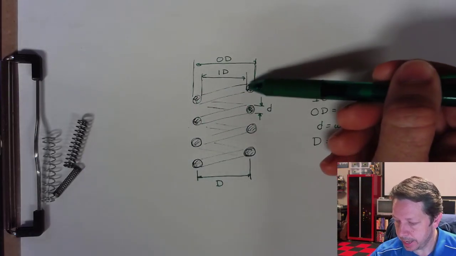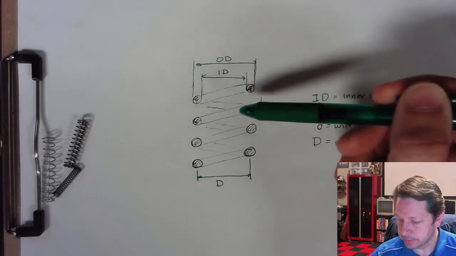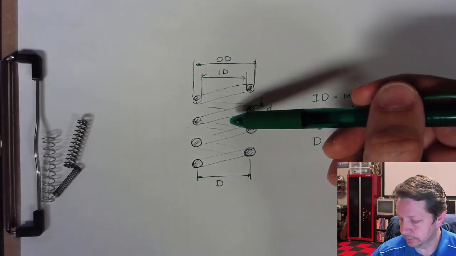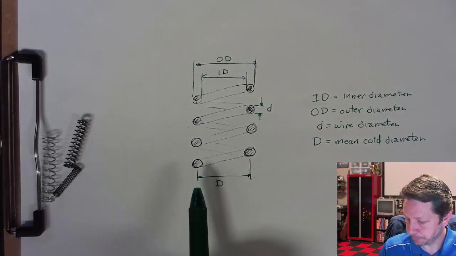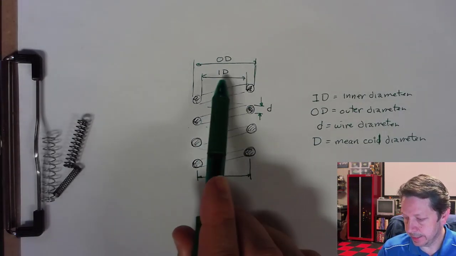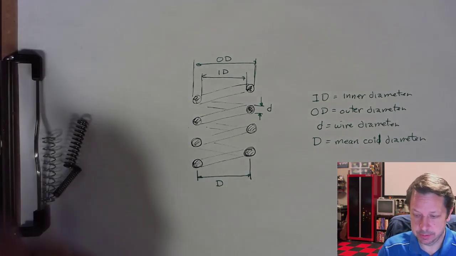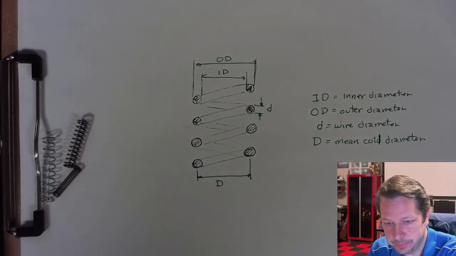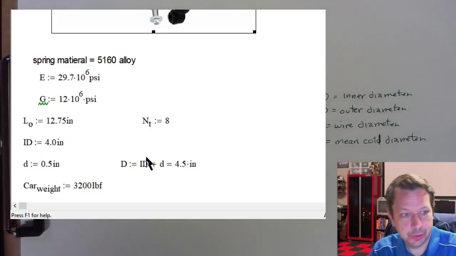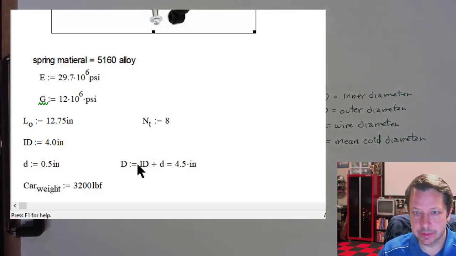So really I added half here and half here to create 1 coil diameter, and added that to the inside diameter, and that gives me the mean coil diameter. So you'll have to figure out which one you actually need or are given. Are you given the inner, the outer? Are you given mean coil diameter? What are you given? I don't know.